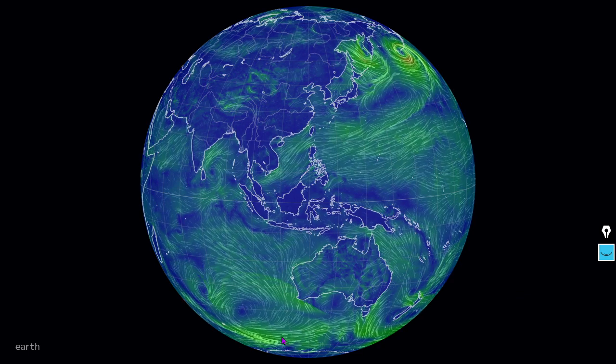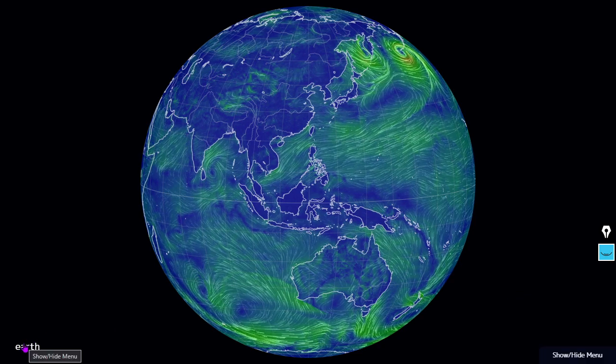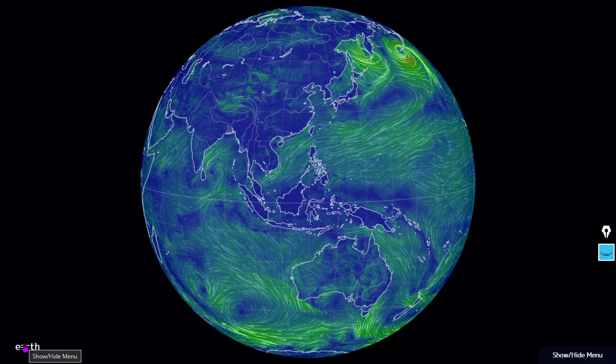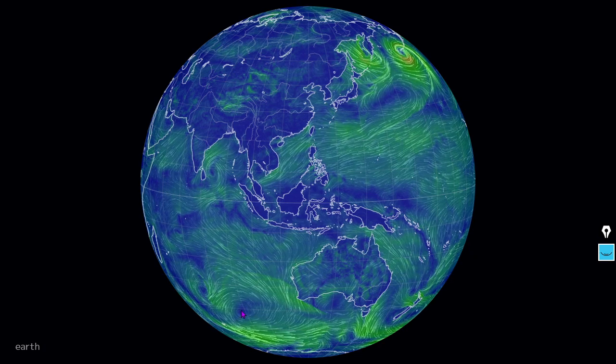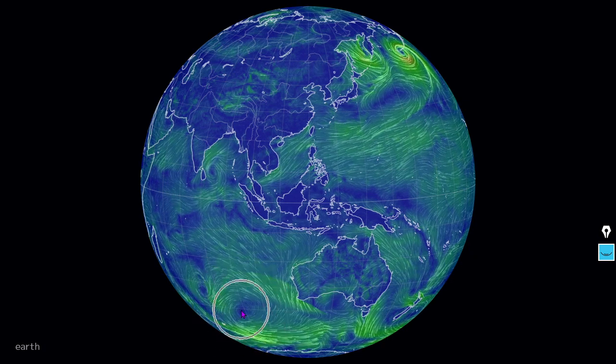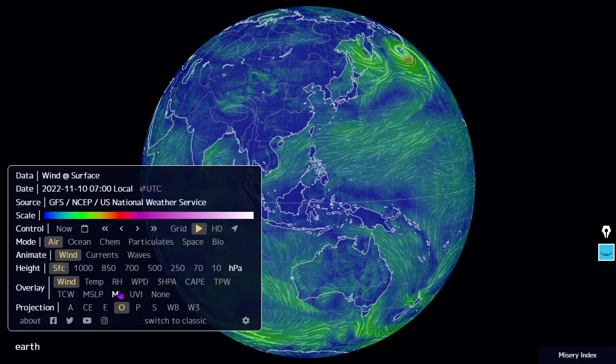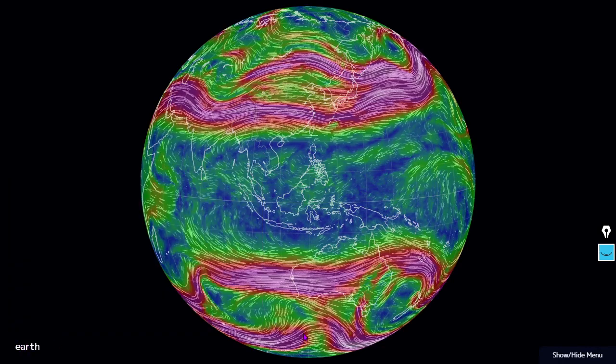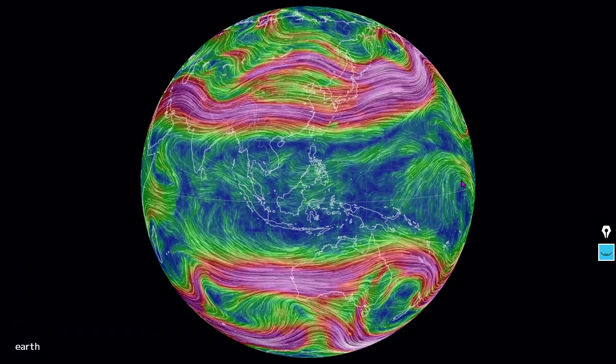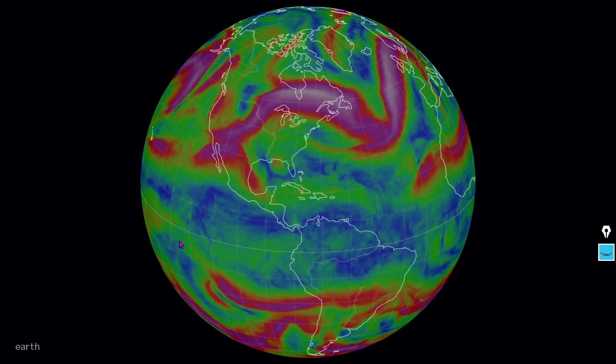And here are the surface winds of the eastern world. A strong anticyclone down here in the Southern Ocean. See that counterclockwise rotation, an indication of high pressure down there. Here is the jet stream scenario for the eastern world. Here is the jet stream scenario of the western world.